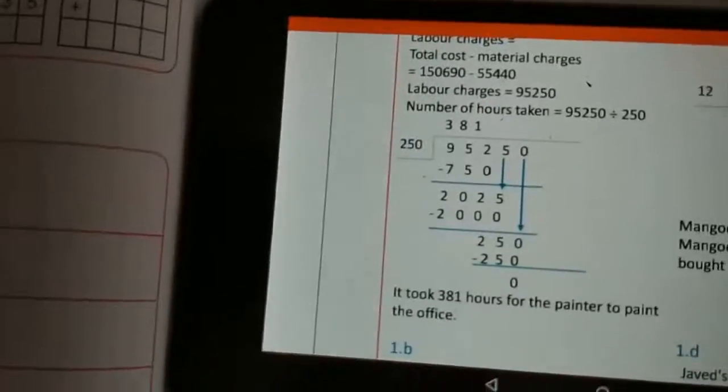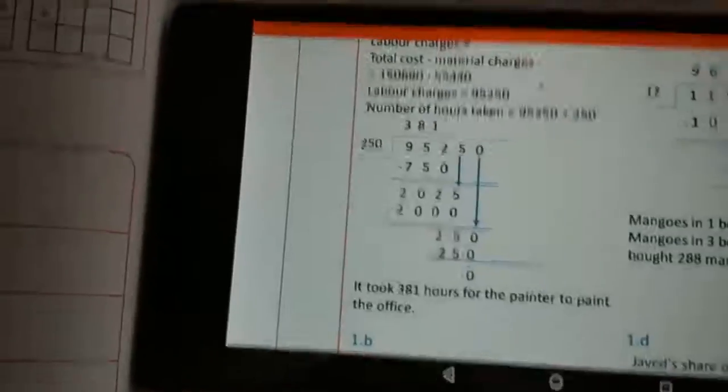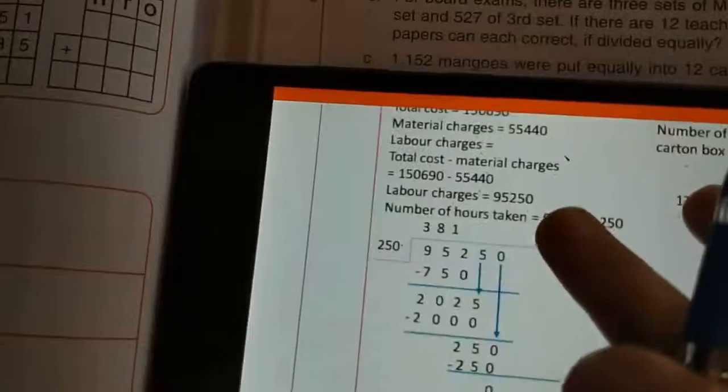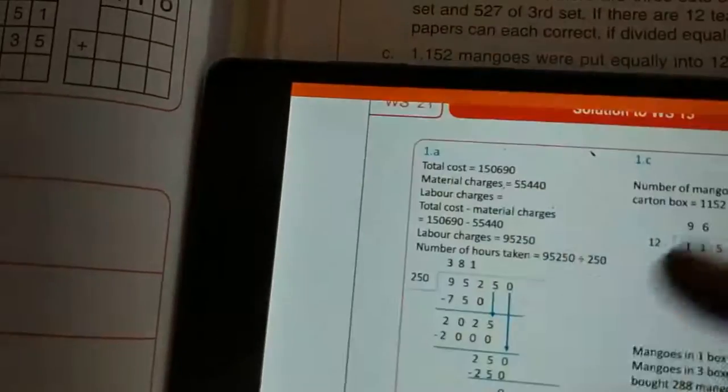Now students, you have to write these sums in your maths notebook.